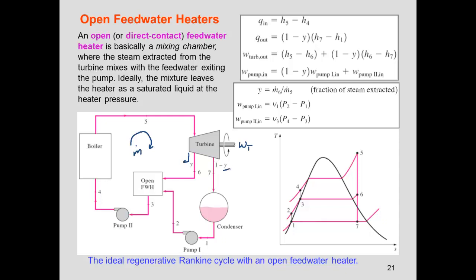This y that we have here is the fraction of mass that we extracted. If we have 100% of mass flow rate flowing through the tubes and entering the turbine, just one small fraction, let's say 10%, is extracted. If you extract 10% here, we're going to have 90% here. The total should be conserved.